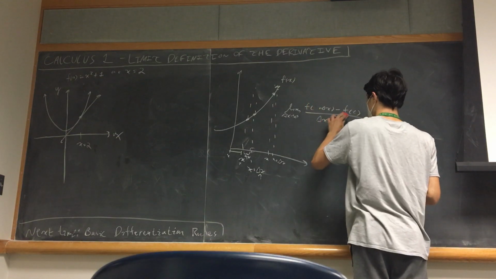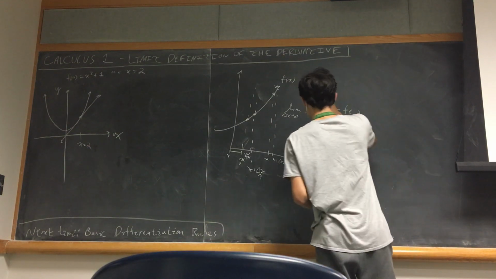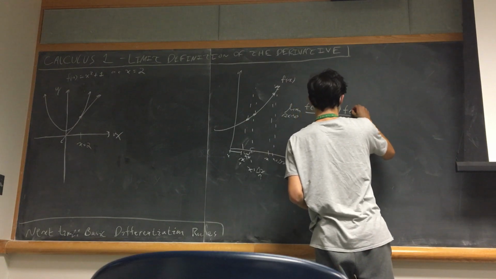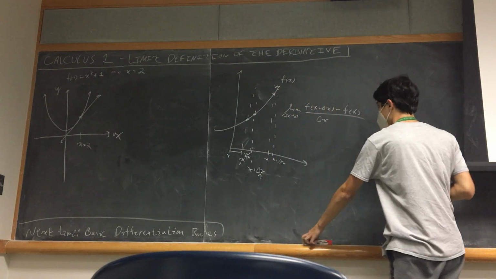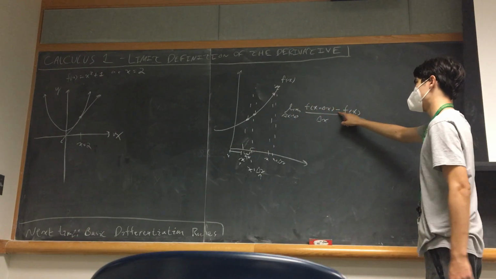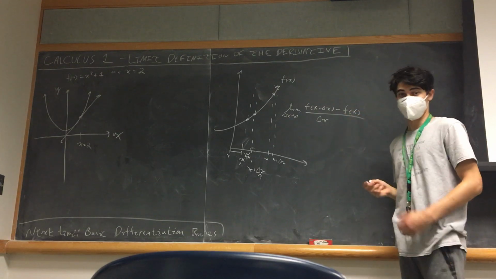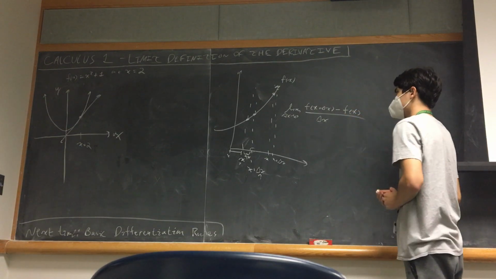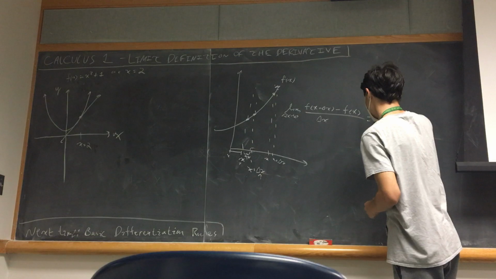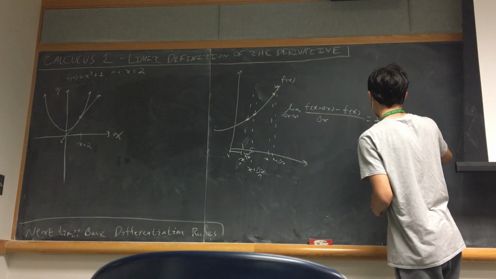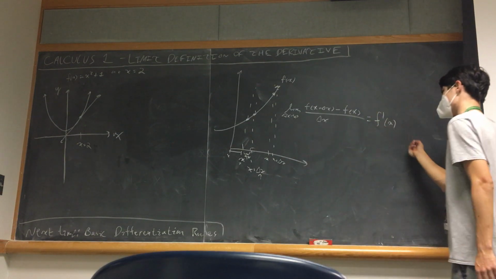We can rewrite this equation to become the limit as delta x approaches 0 of f of x plus delta x minus f of x all over delta x. And this is equal to f prime of x.